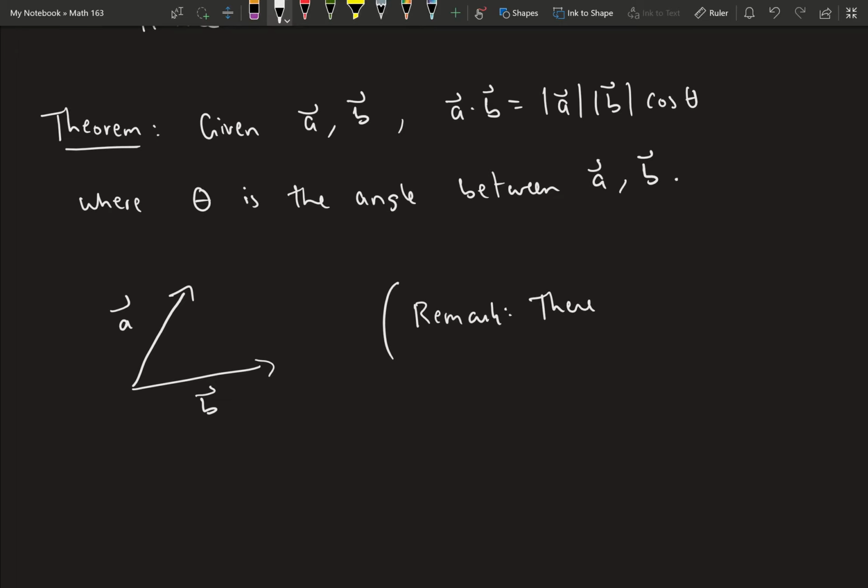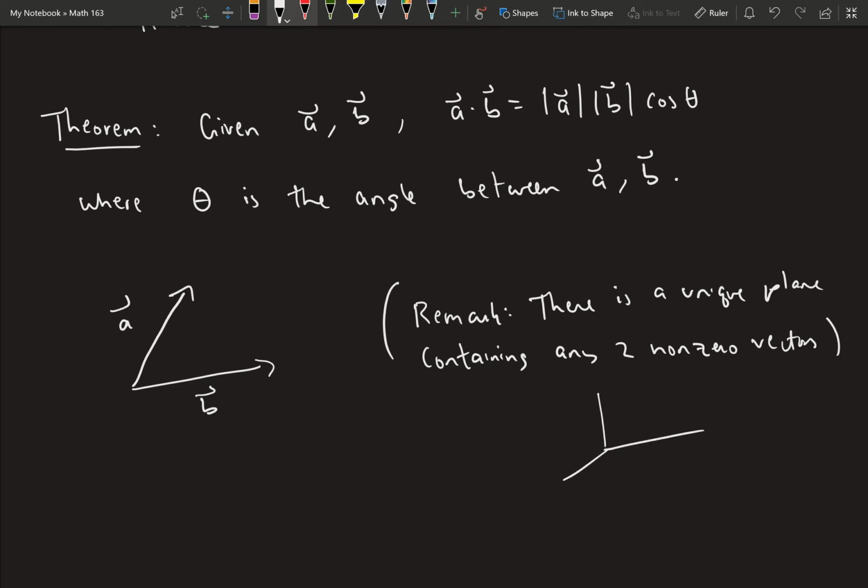There is a unique plane containing any two non-zero vectors. Let me just draw something in R3.